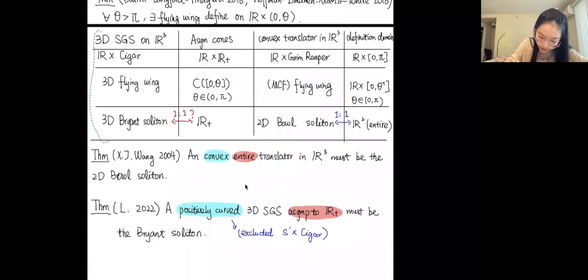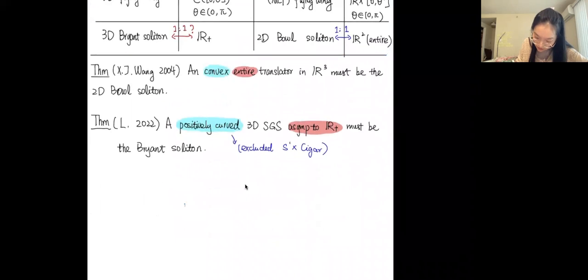Now we have the existence for these 3D static gradient Ricci solitons. The next thing to consider is their symmetries, and we want to see what symmetry these solutions satisfy uniformly.